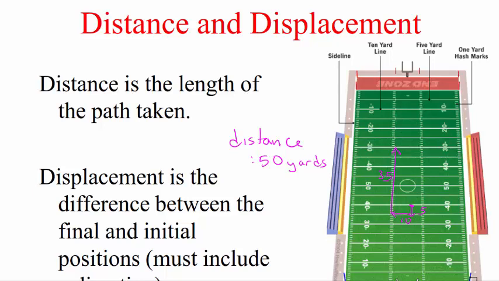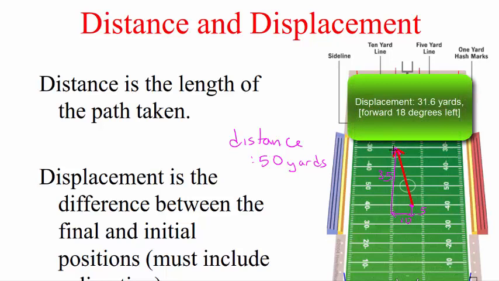If we were starting on our own 40th, our displacement only would consider how far we manage to make it away from our original spot. And so this would be down the field and a few degrees to the left, and we'd measure how long that red line was to figure out how great our displacement was. How far did we get away from the original location?